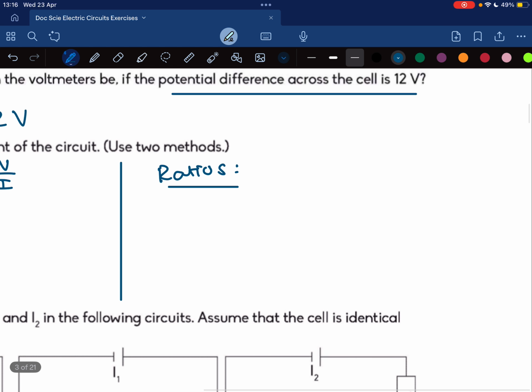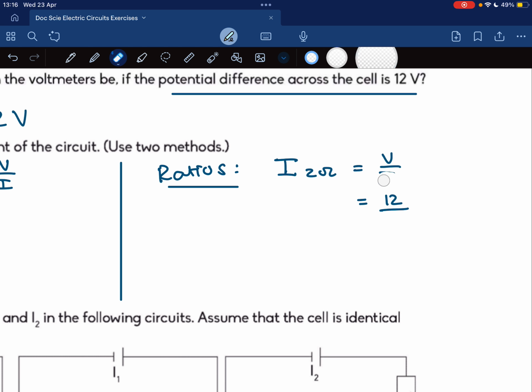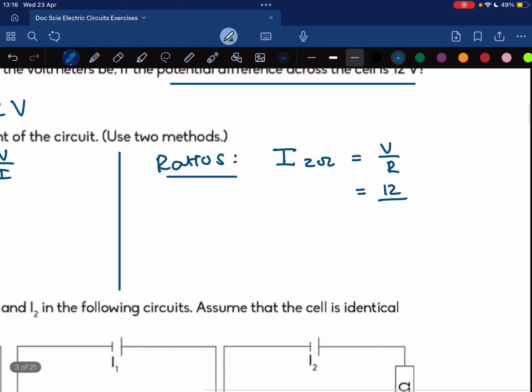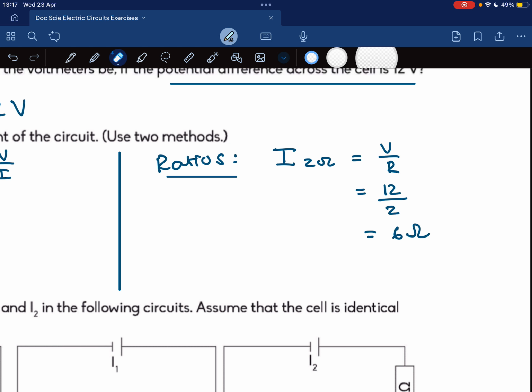So the current that flows through the 2 ohm resistor, still using Ohm's law, is equal to V over R, which will equal the 12 volts divided by that resistance, which is 2. And I get a total of 6 amps.